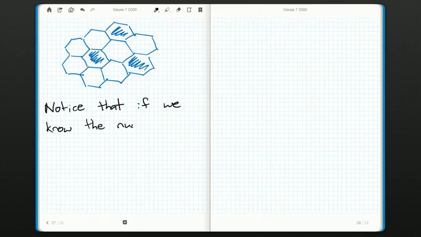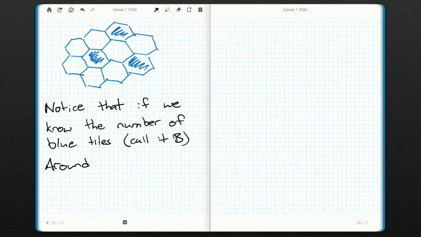So let's call the number of blue tiles B. If we knew how many blue tiles there were, then we could note that around each blue tile we have 6 white tiles.